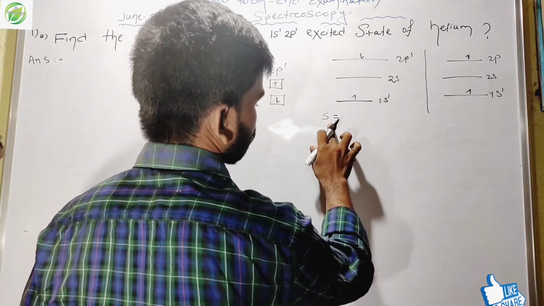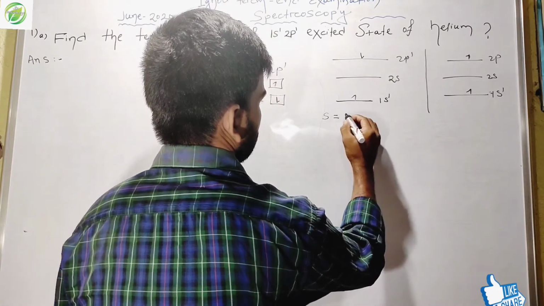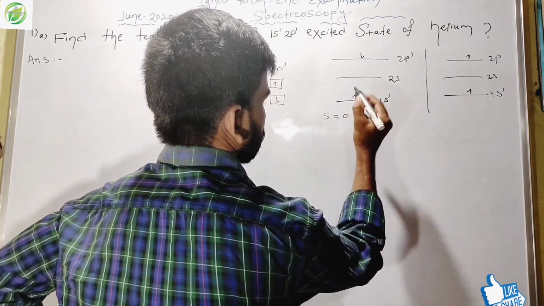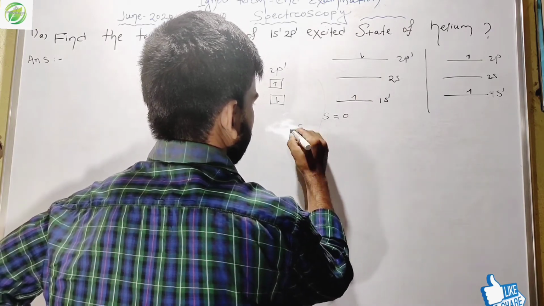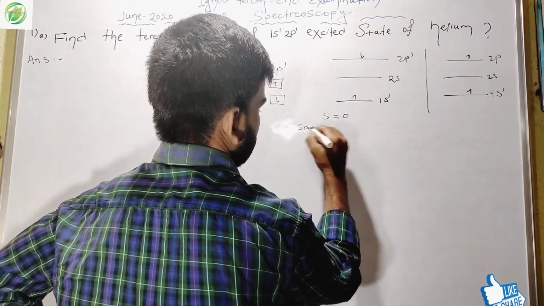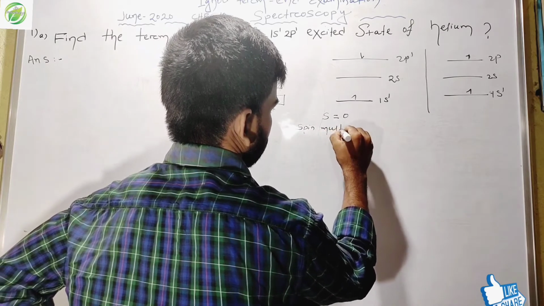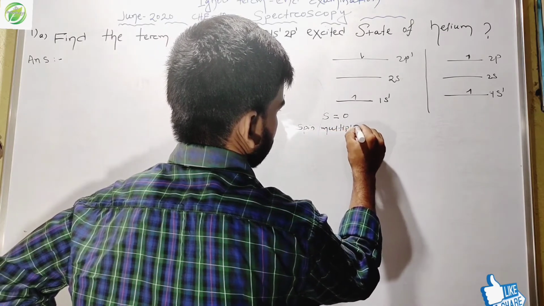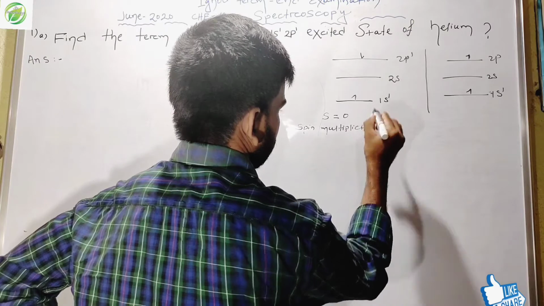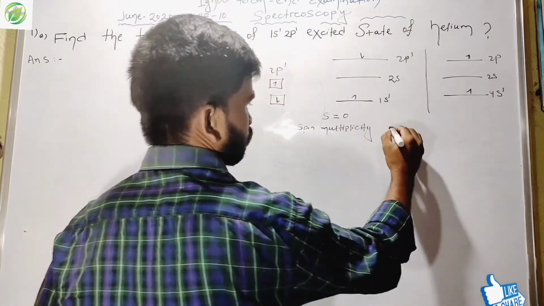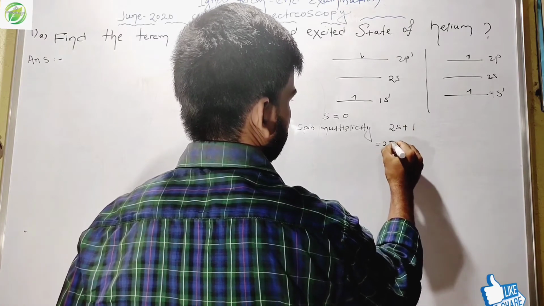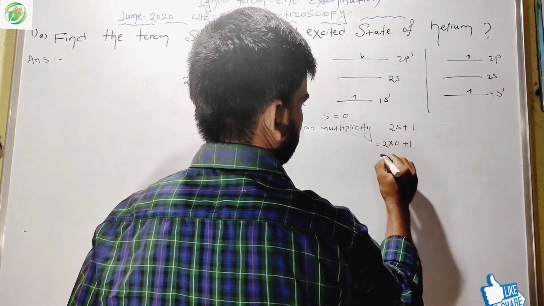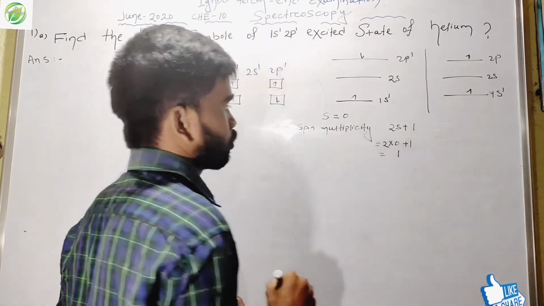The S value we already calculated is 0. So the spin multiplicity, 2S plus 1, is 1.